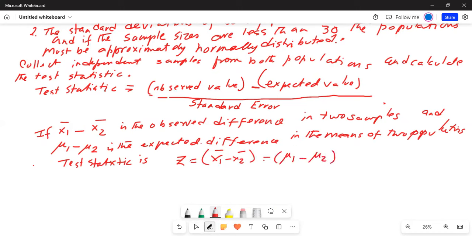The expected value is the hypothesized value in the null hypothesis, divided by the square root of sigma 1 squared by n1 plus sigma 2 squared by n2. Okay.